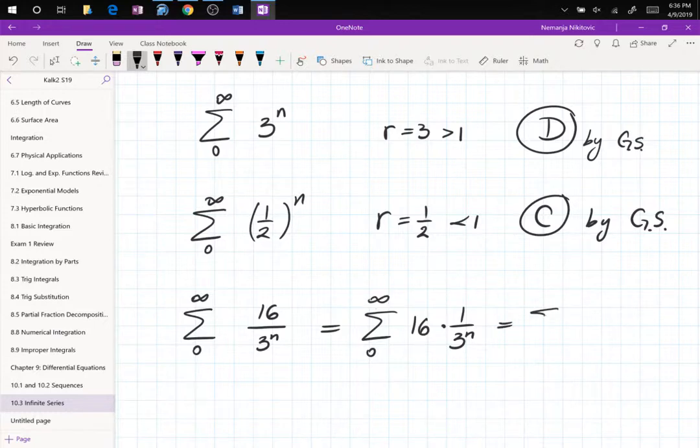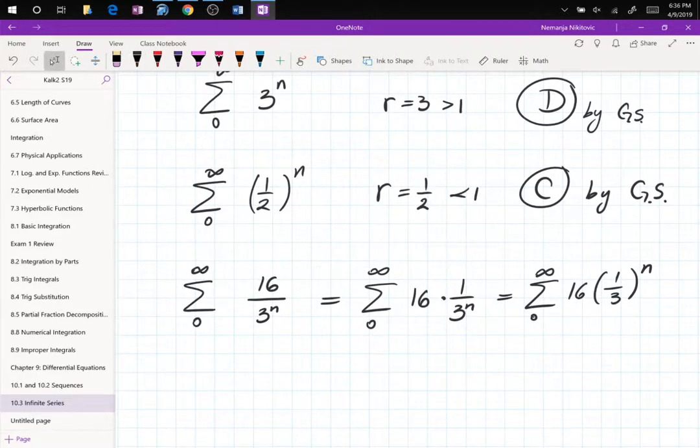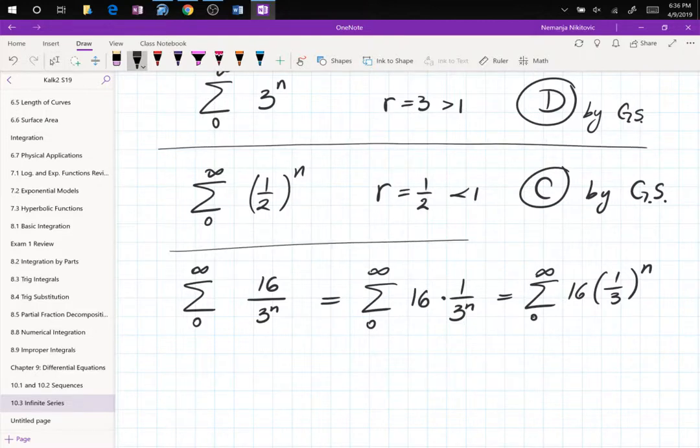And then I'm going to write this as a summation of 16, and then I can also put 1 to the n. That's not going to harm anything. So now what I did is I did some algebra. We can, but I'm keeping it in for a reason now. So now you look with your eyes, and you determine that r is equal to 1 over 3. That's less than 1, converges by geometric series.